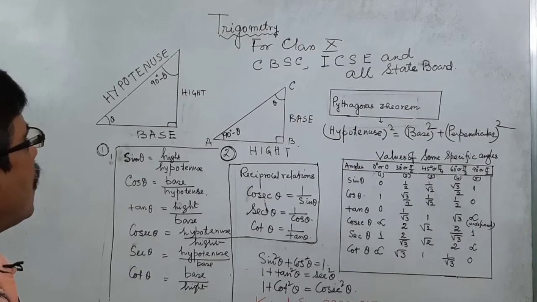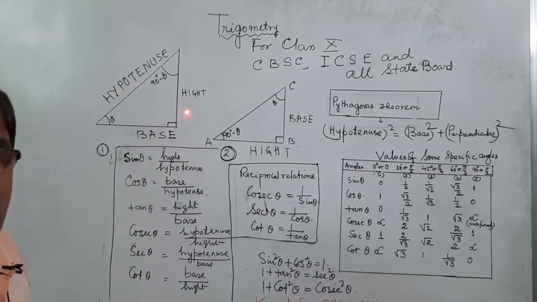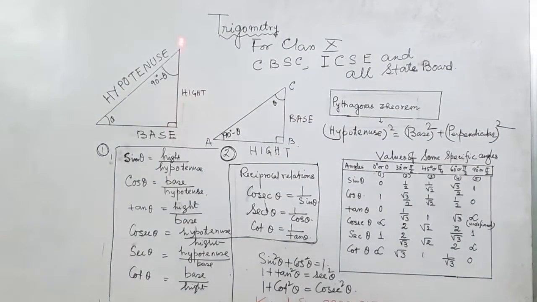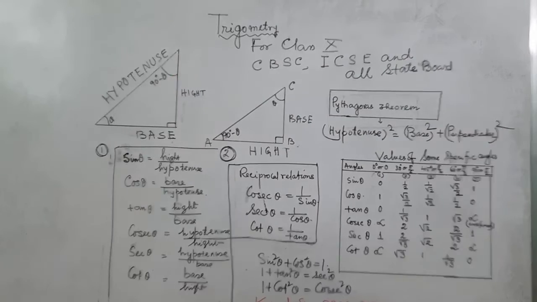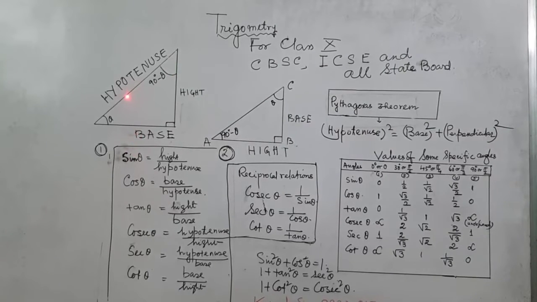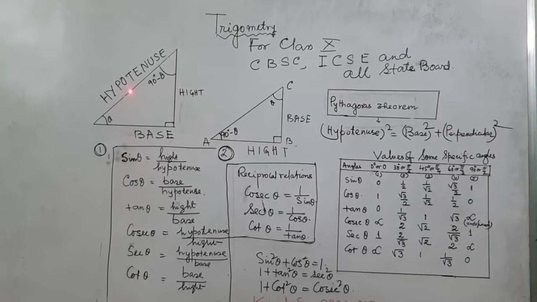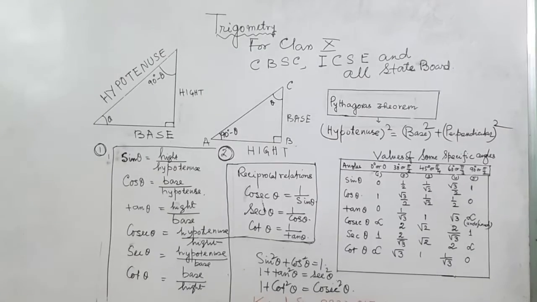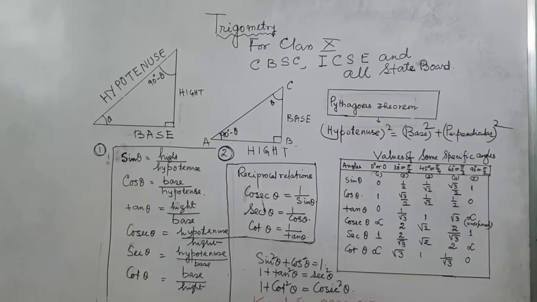So first of all, we are considering a triangle having a height, base and hypotenuse. We are considering an angle theta. What is theta?